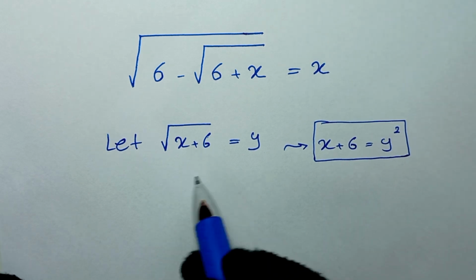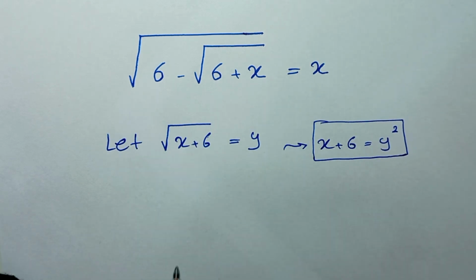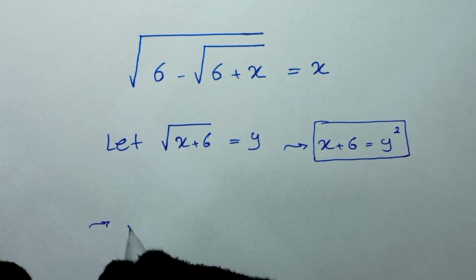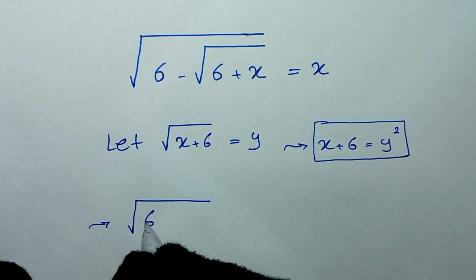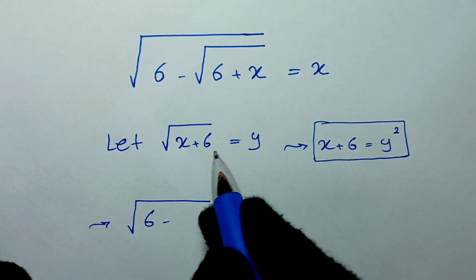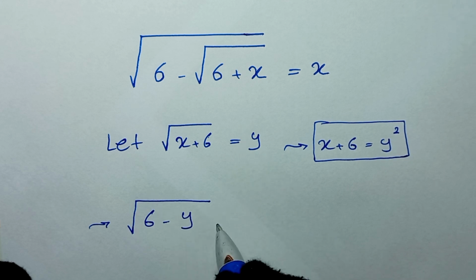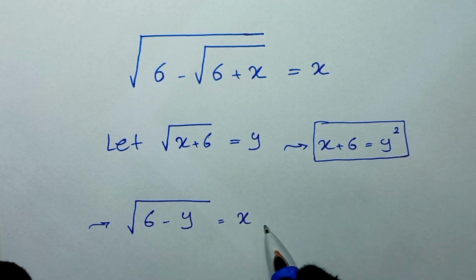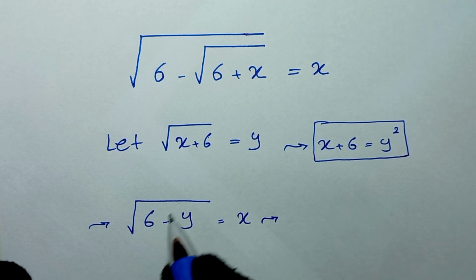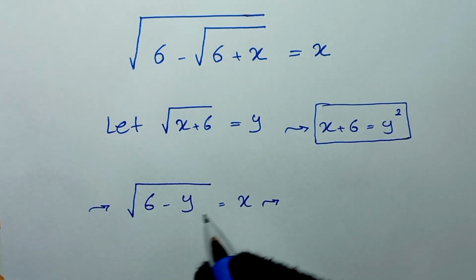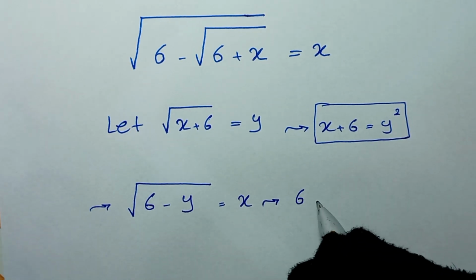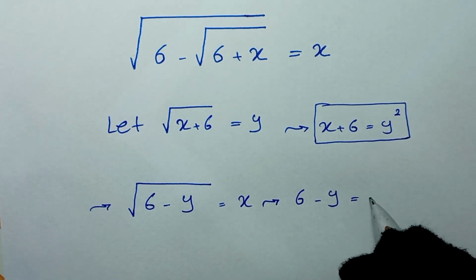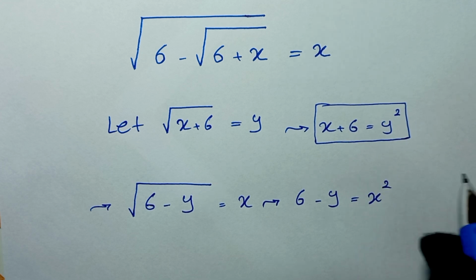And if we substitute this in this equation, it will be square root of 6 minus y is equal to x, and if we square both sides of this equation, it will be 6 minus y is equal to x squared, right?